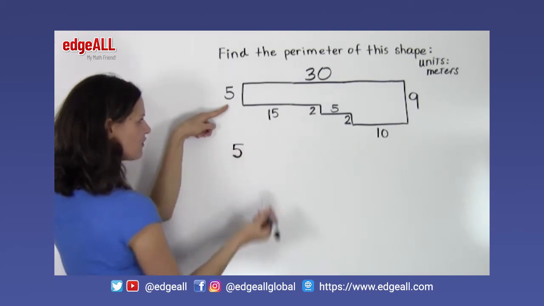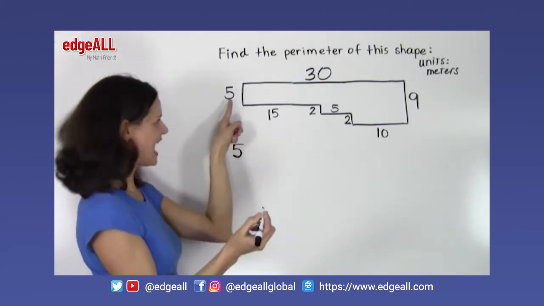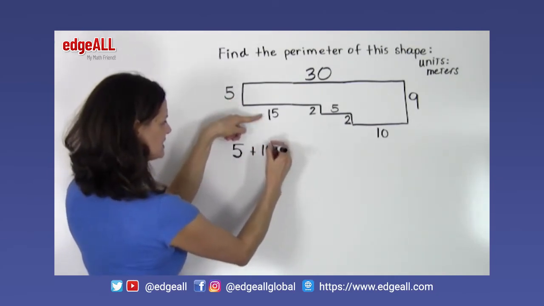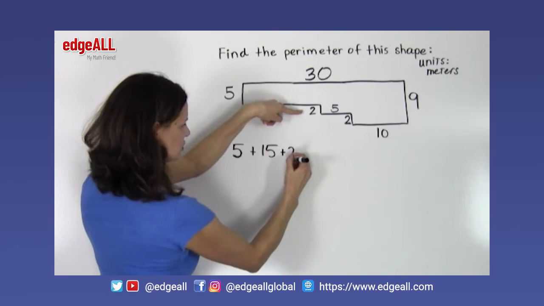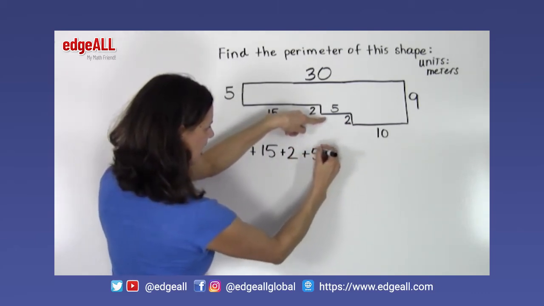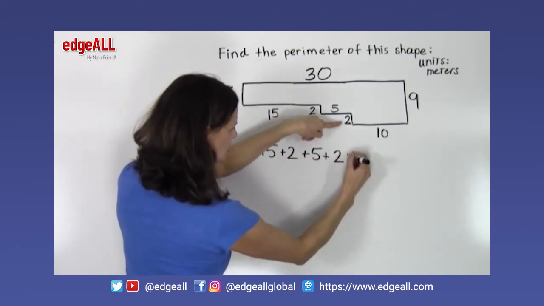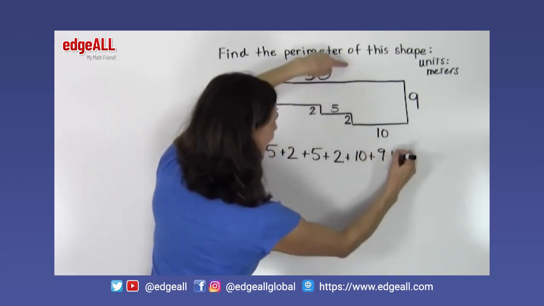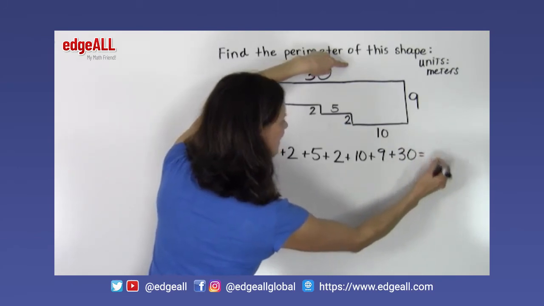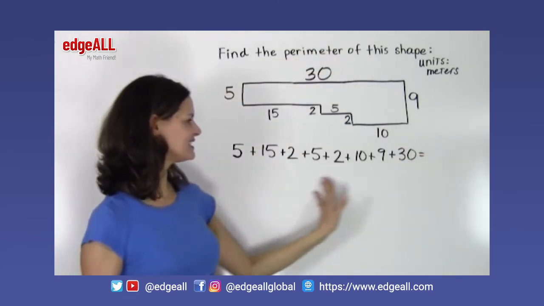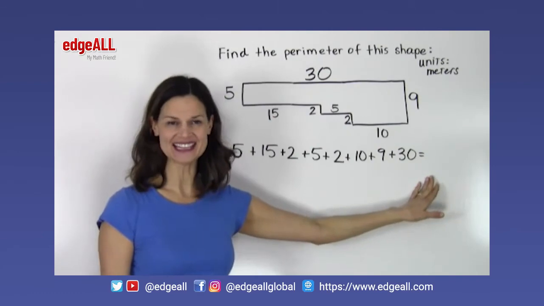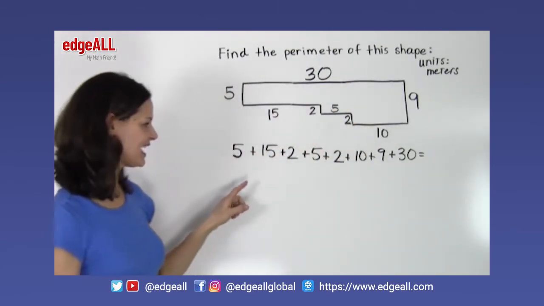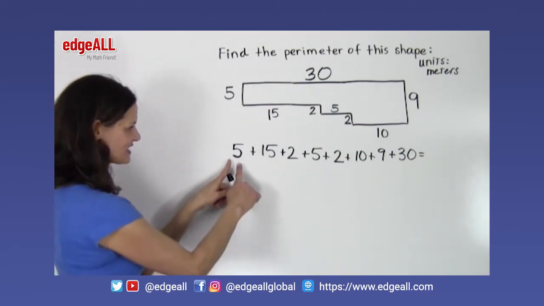So we're going to go carefully around our figure and add these pieces together. 5 plus 15 plus 2 plus 5 plus 2 plus 10 plus 9, and then add 30 to all of that at the end, and this sum of all these numbers added together is going to be the perimeter of this complex shape. So let's go across and add it.